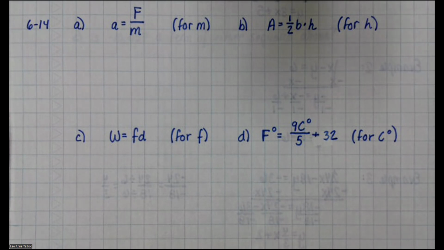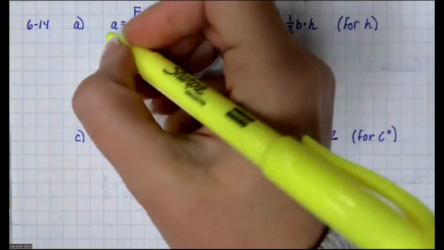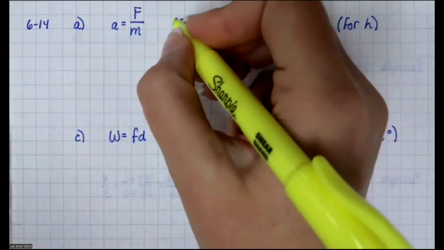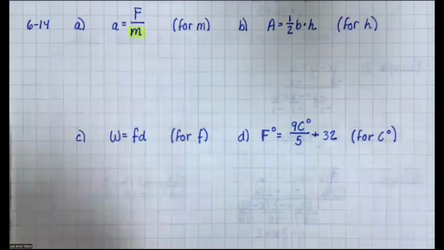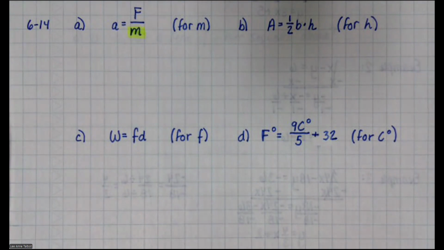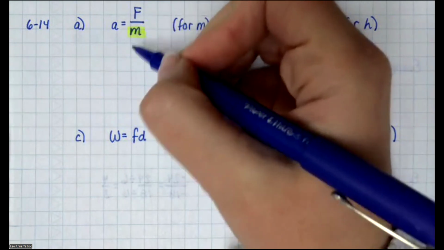Okay. So for these problems, when we start them right now, I'm going to use a highlighter to help me. I'm going to start with this one. And it says for M, what that means is M is the thing I need to get by itself. So I need to get M equals for my final answer. Okay, so I'm looking at this, and this is division.